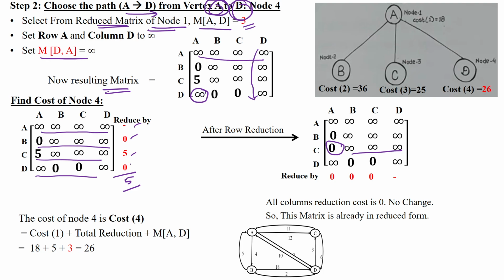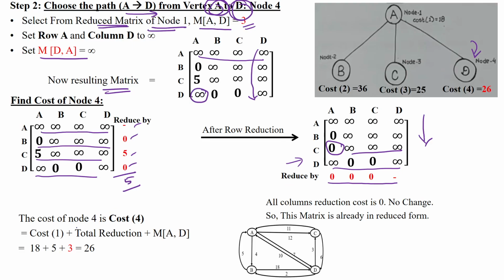Then D has 0, so nothing changes. Then perform the column reduction: all columns have zeros, so nothing changes, and the same matrix is the reduced matrix for node D.